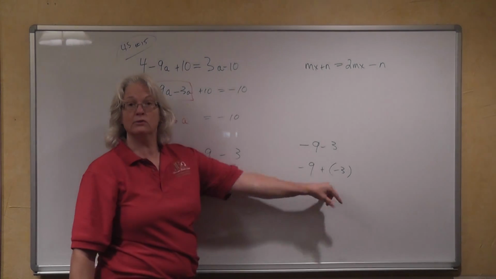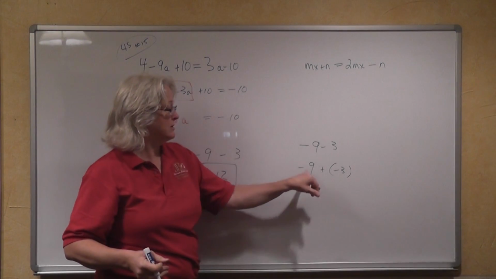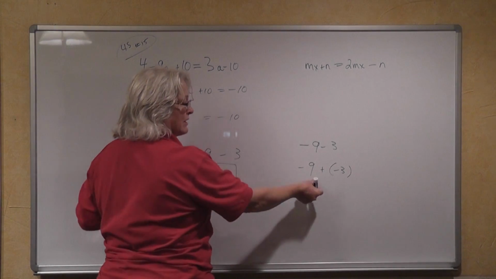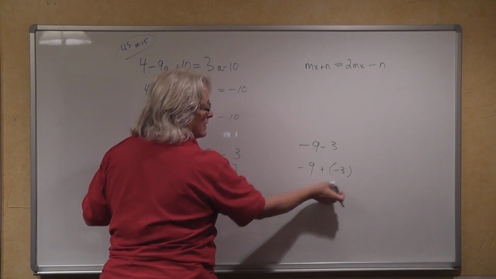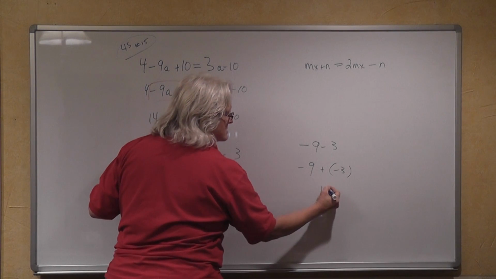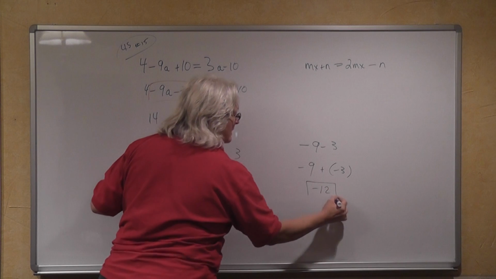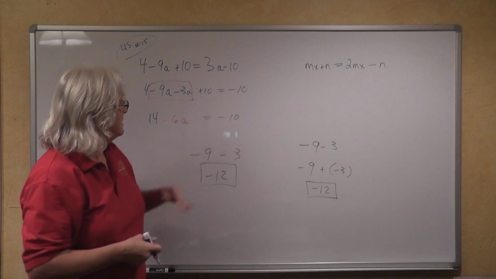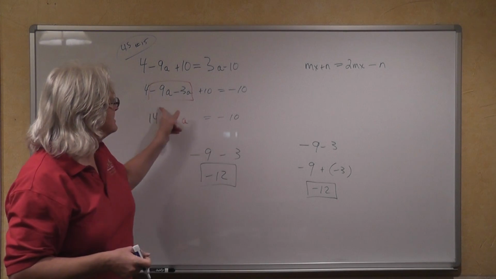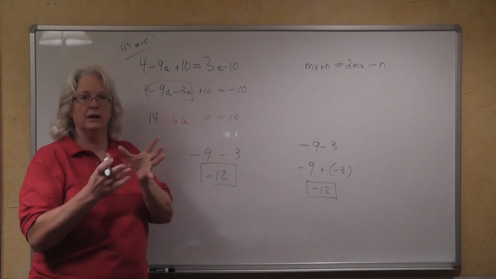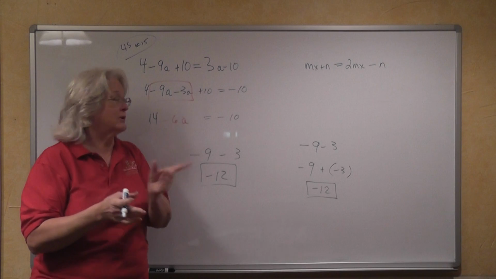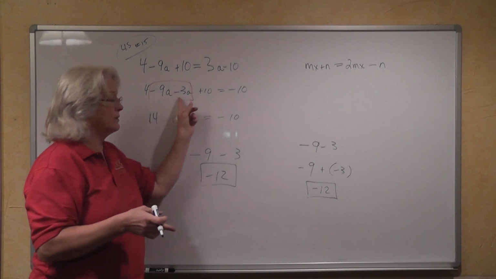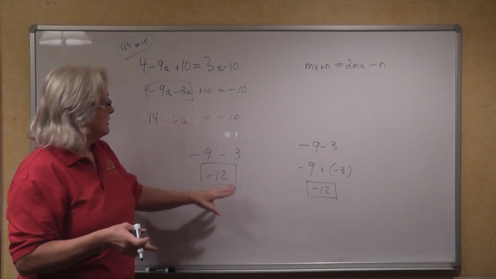When you add integers that have the same signs, you keep their sign. You take their absolute value. 9 plus 3 is 12. But it's a negative 12 because both of them have the negative sign in front of them. But that's what you had going on, and this is another example of what I was seeing on your test where you're having some difficulty with those negatives.